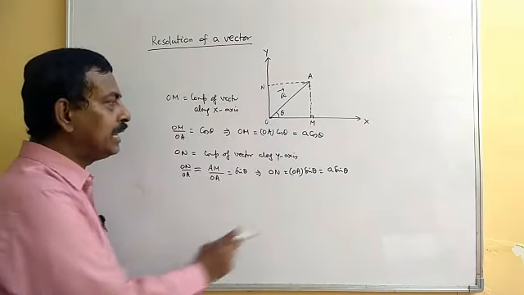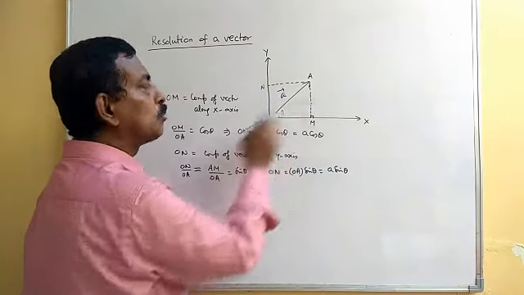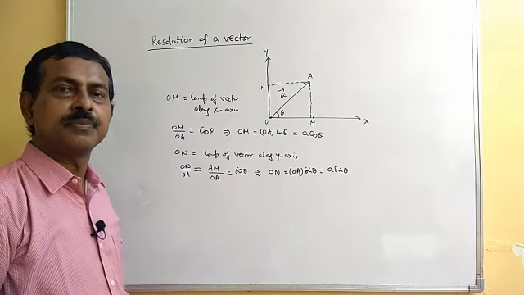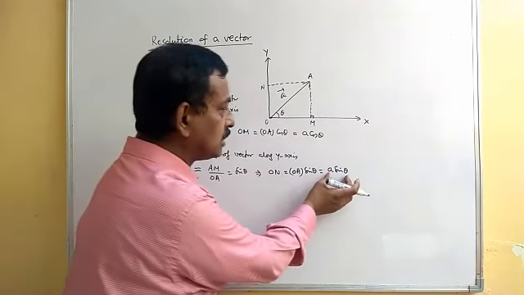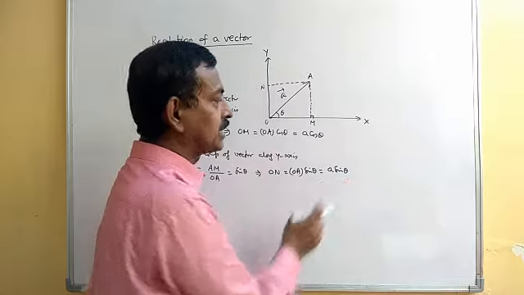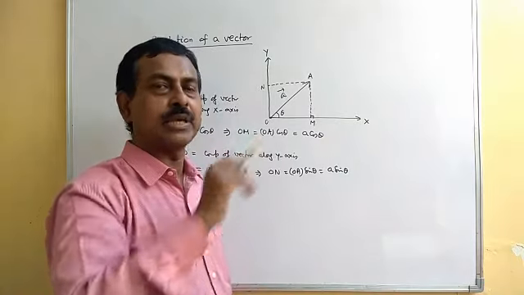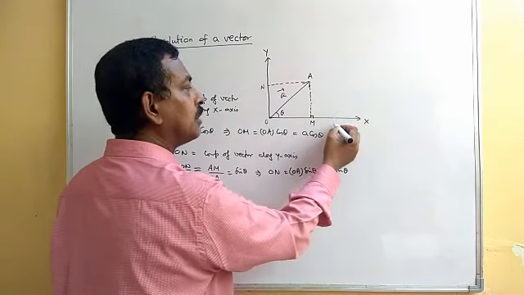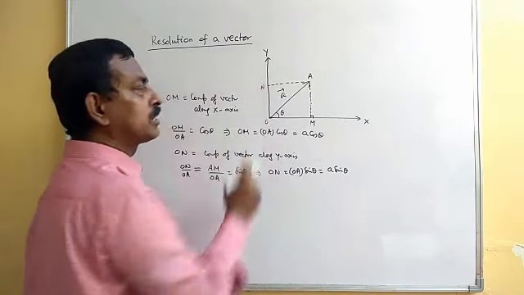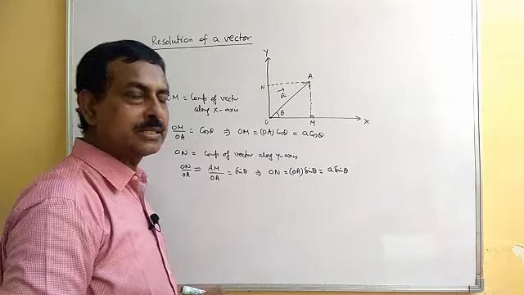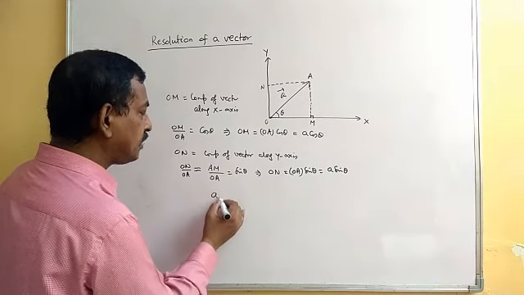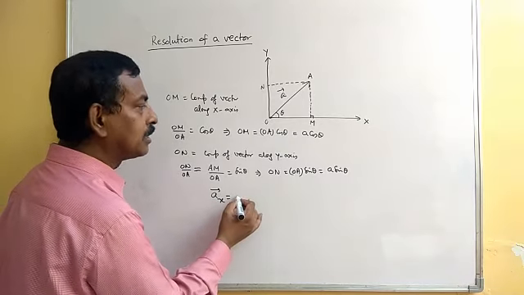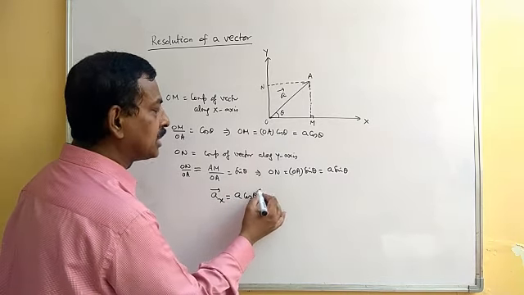So what we can say? A cos theta is its X component, A sin theta is its Y component. If we represent the vector along the X axis with the unit vector I, and the unit vector J along the Y axis, what can we write? The vector AX is A cos theta I cap.